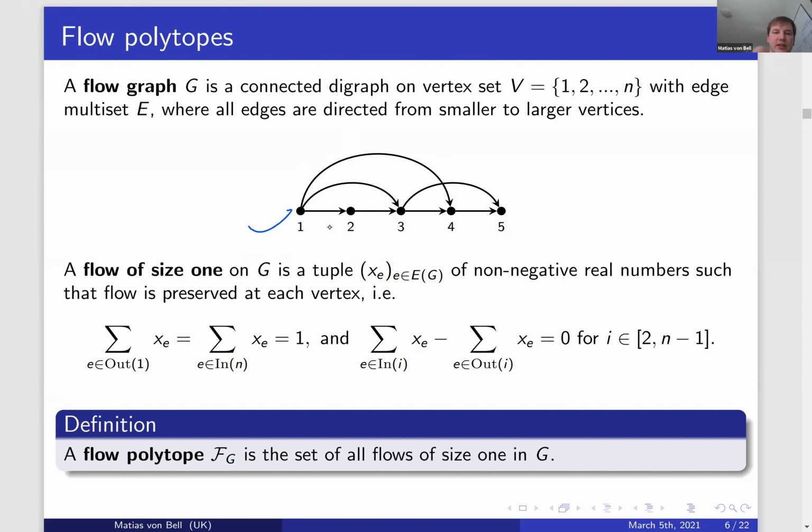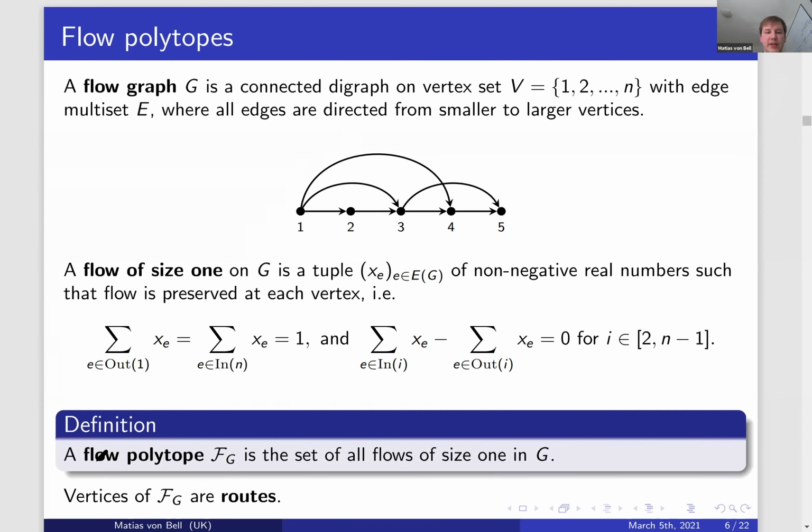So we have one flow coming in, one flow exiting, and flow is preserved in the intermediate vertices. And when we consider the set of all possible flows of size 1 on this graph G, we obtain the flow polytope.